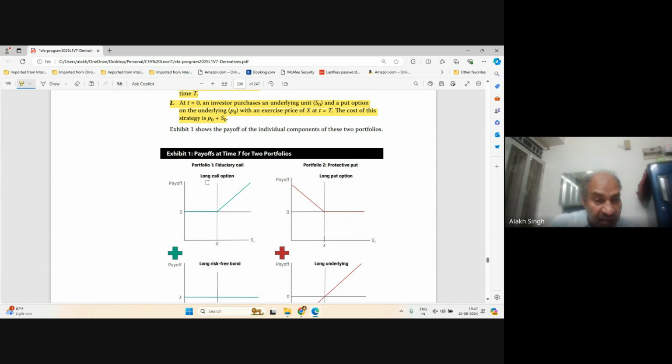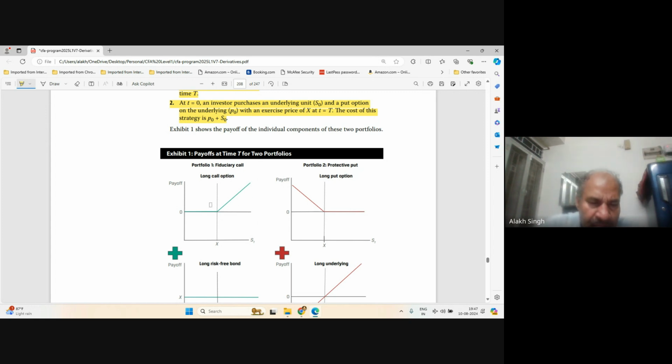After the exercise price, at maturity, whatever the price at maturity, this is a 1 to 1 relationship. Before maturity, it won't be 1 to 1 because it will be discounted by the risk-free rate, but on maturity day, it is the same.